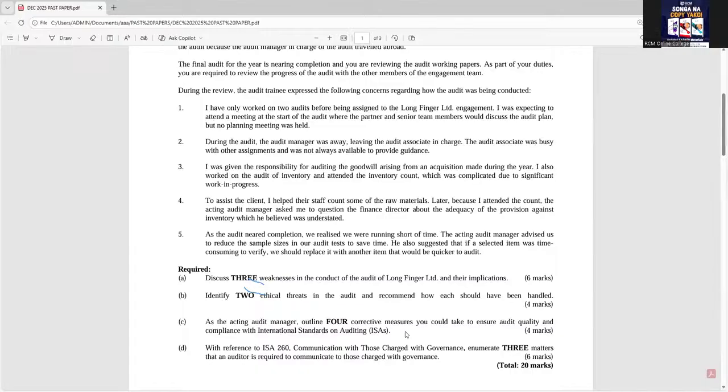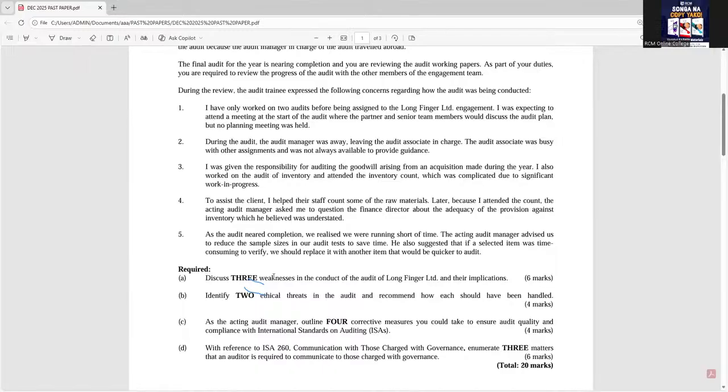So the answers to this one were to solve the weaknesses that were here. Lack of planning: ensure adequate audit planning before commencement of the audit engagement. Deployment of inexperienced staff: if you're auditing complex areas such as the valuation of goodwill, ensure the staff you send out on the engagement have relevant expertise to conduct the audit.